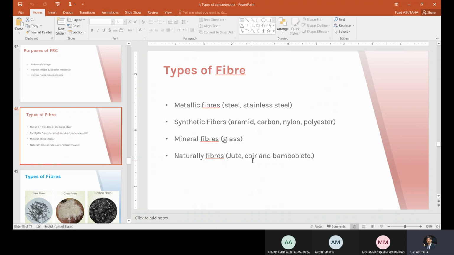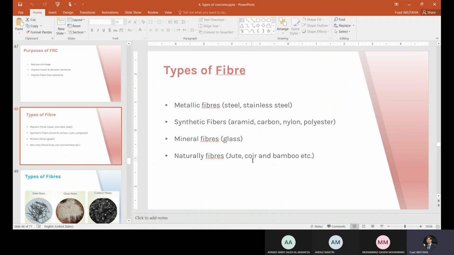Silica fume is the most effective mineral admixture and can be used up to 15, maximum 20%, and it can significantly improve the strength, while fly ash, if we use 15 or 20%, will not reach the same strength that silica fume can achieve at the same percentage replacement.